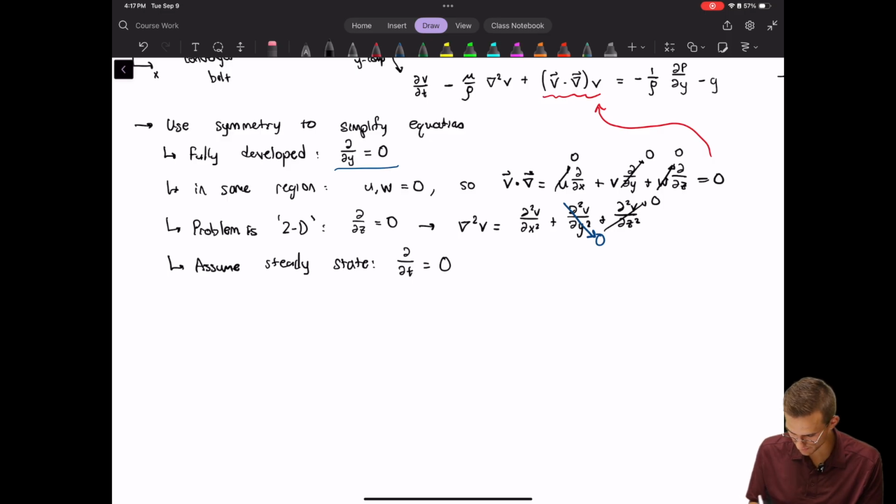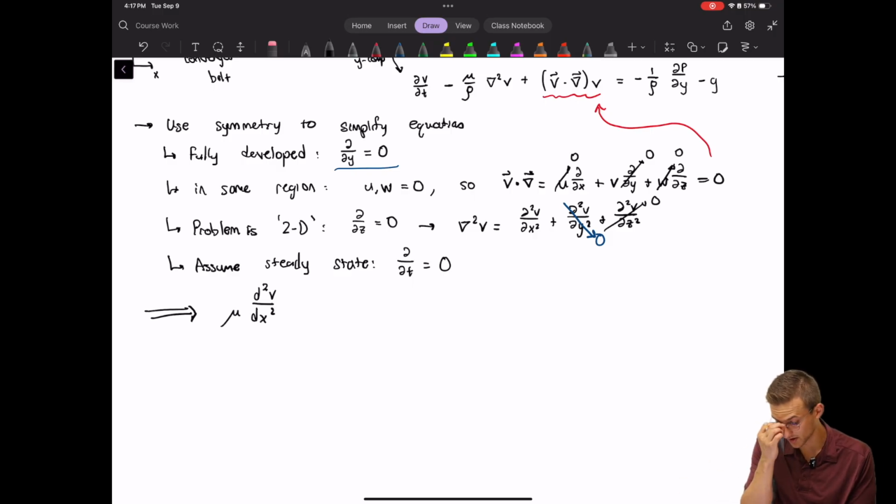Well, what we are left with in the end is the following differential equation, where we just have mu times the second derivative, and here we can switch to a total derivative because we've gotten rid of all of the other independent variables involved. The second derivative of the y component of the flow velocity in the fully developed region times mu is equal to rho g.